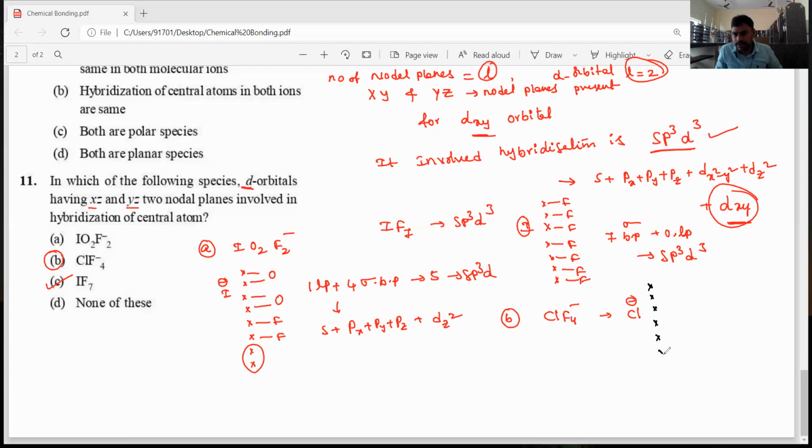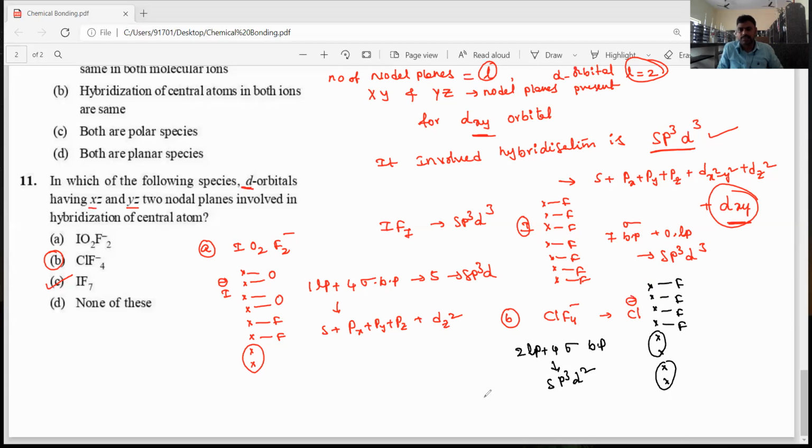By using this method, we can identify the number of sigma bond pairs and lone pairs very easily. 4 fluorine atoms are present, and each fluorine atom always forms a single bond only. The remaining 2 lone pairs are present. So it contains 2 lone pairs plus 4 sigma bond pairs, total 6.